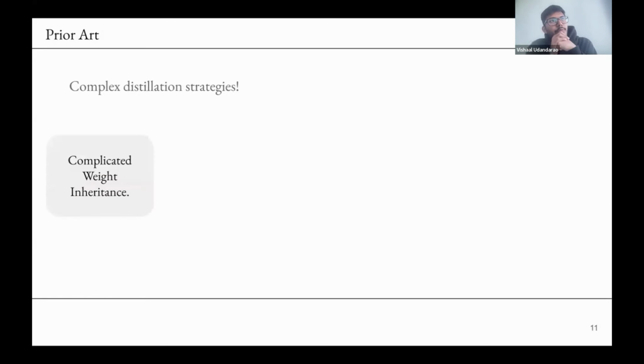And then if you take a look at what people have been doing in this space, the first thing you'll notice by just looking at the literature is there are some extremely complex distillation strategies. So some people are looking at complex weight inheritance strategies where you have multiple teachers and you try to inherit the weights of those.